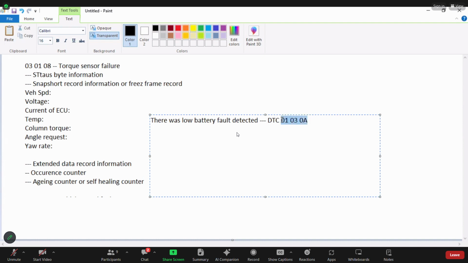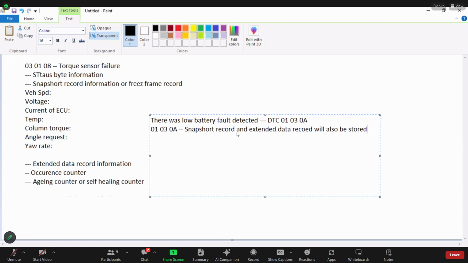So now, as I told, for this DTC, snapshot record and extended data record will also be stored, right? Correct, guys?